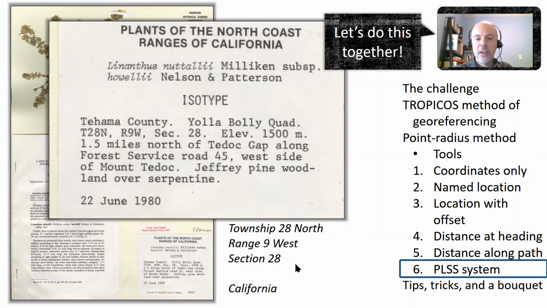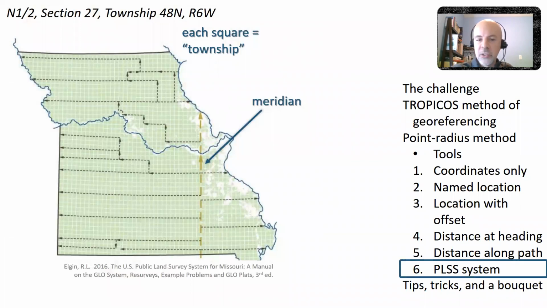So the PLSS was developed and applied state by state, at different times, depending on when the state got surveyed. And so there's a different method for each state, but here's in general how it works. So each state is divided into townships. You can see the squares here. Each square here is a township, and a township is 6 by 6 miles in general, sometimes a little bit not, but usually 6 by 6 miles.